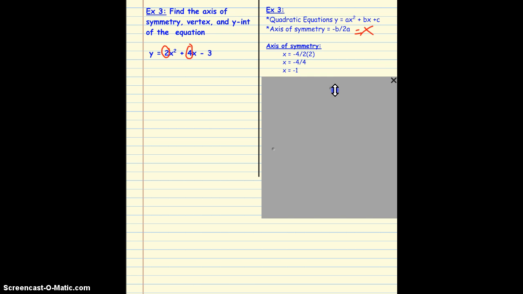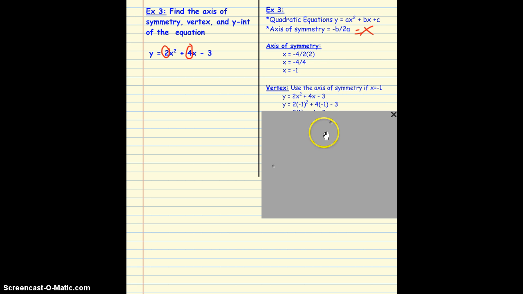Okay, knowing that that is our axis of symmetry, we are going to use that x equals -1 to find the vertex. So if x equals -1, what we're going to do is plug -1 into our equation. The way we do that is 2 times negative 1 squared plus 4 times negative 1 minus 3.